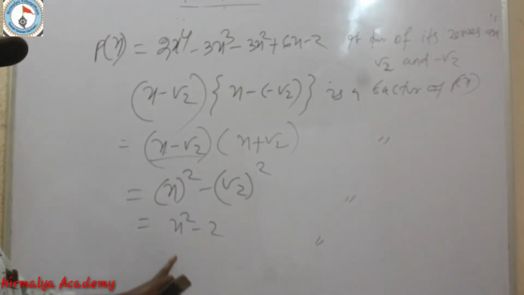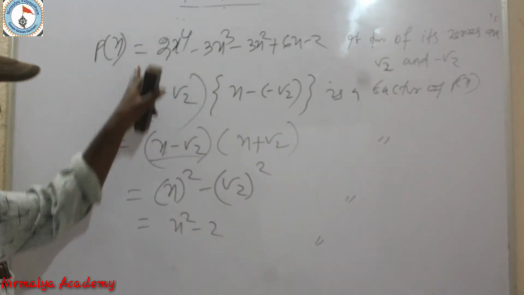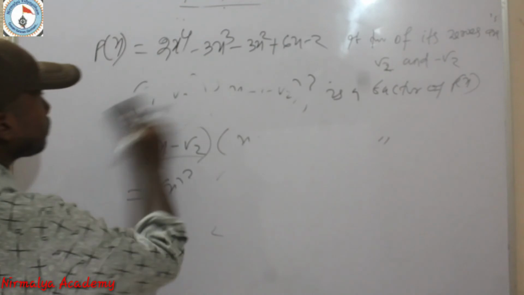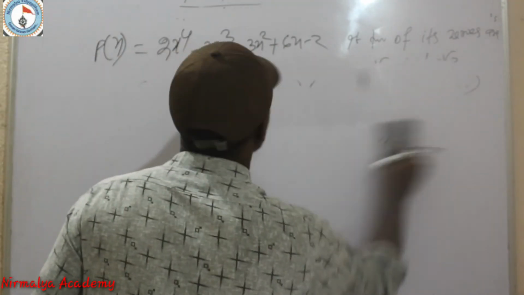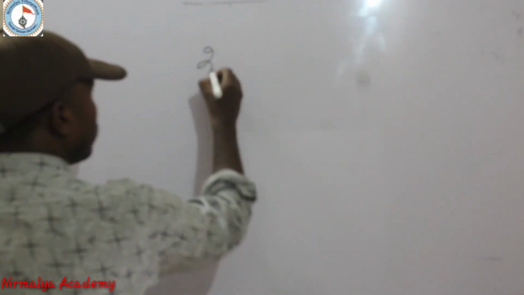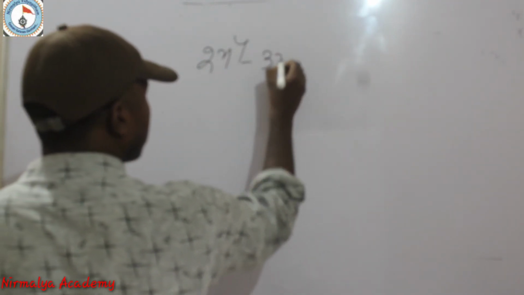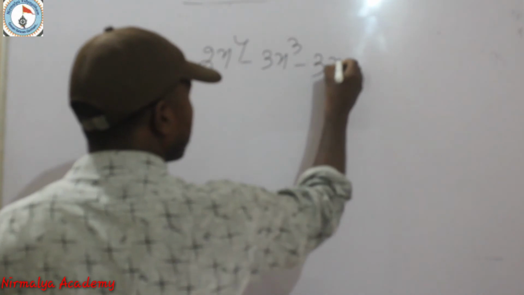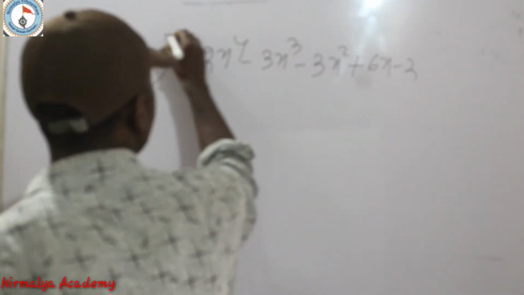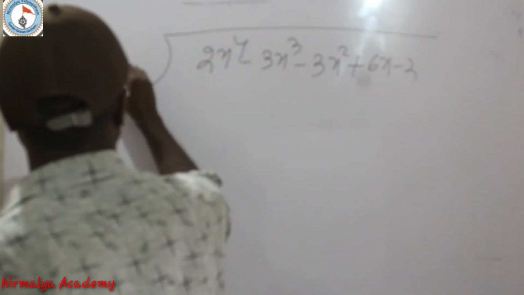Now, on dividing p(x) by x square minus 2: 2x to the power 4 minus 3x cube minus 3x square plus 6x minus 2 divided by x square minus 2.